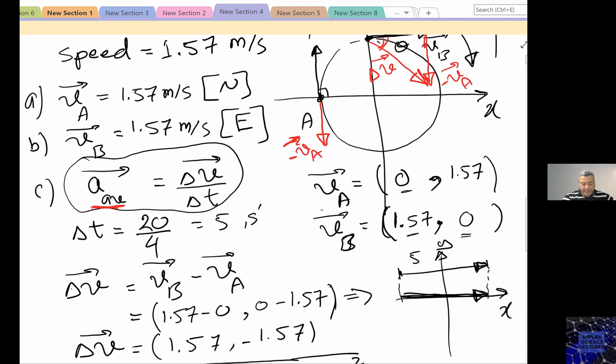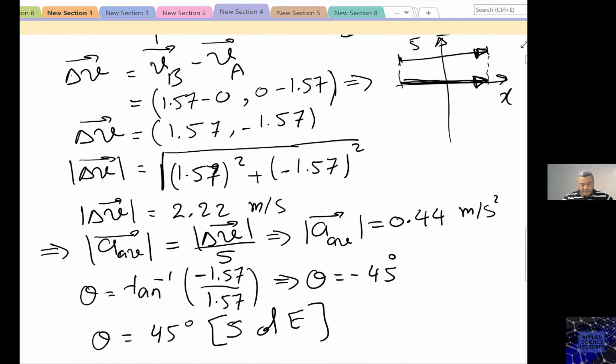Keep in mind that the average acceleration here and the change in velocity have the same direction. Why? Because delta t is a positive scalar. It's not going to affect the direction of the average acceleration. As simple as this. So this way, we calculated the average acceleration magnitude.